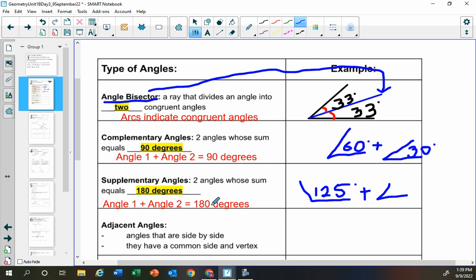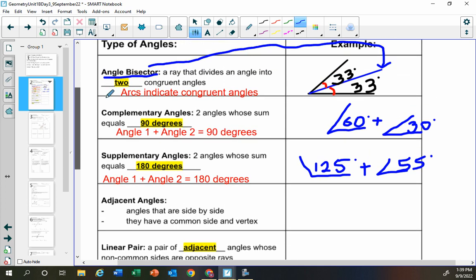But remember, 0 minus 5 can't do, so it's going to be 55. Again, this is your general rule. The sum of your two angles adds up to 180. And these are ideas we're going to be dealing with for quite a bit this unit.